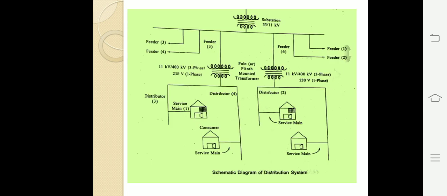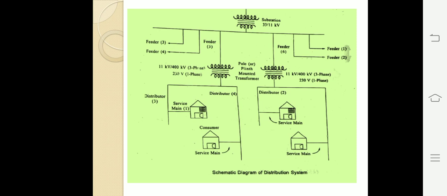Here is the schematic diagram of the distribution system. Here you see a small cable, the service main, along with the indication of feeder and distributor. From the substation I have taken the feeders, numbers 1, 2, 3, 4, 5, 6, and the distributors are also available.